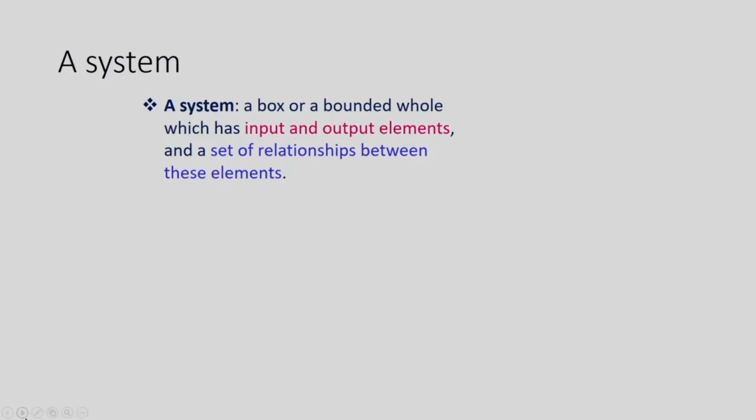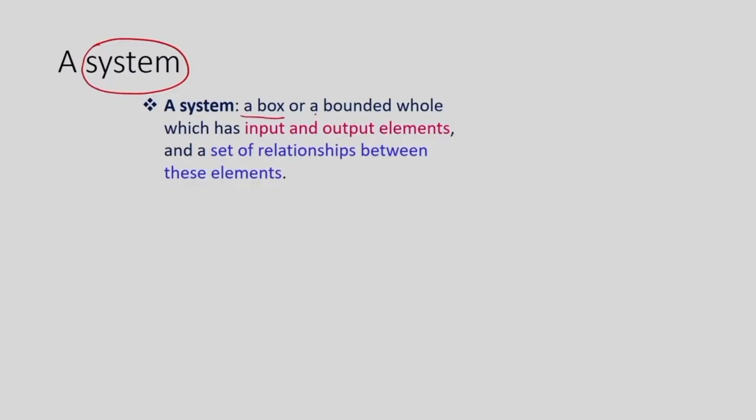Now, till now we are using a term very regularly, and that term is system. From an engineering point of view, we can define a system as a box or a bounded volume which has certain inputs and certain outputs, and there is a set of relationships between these elements.